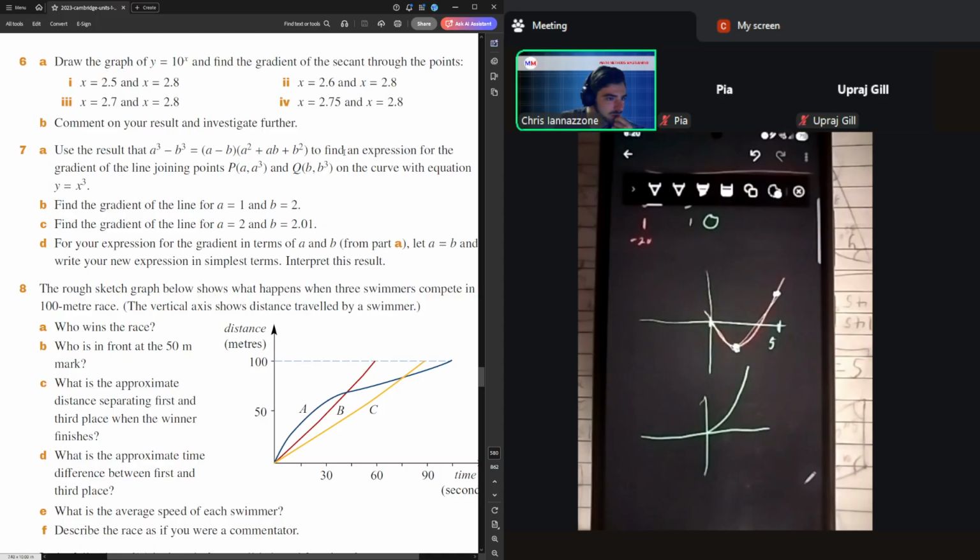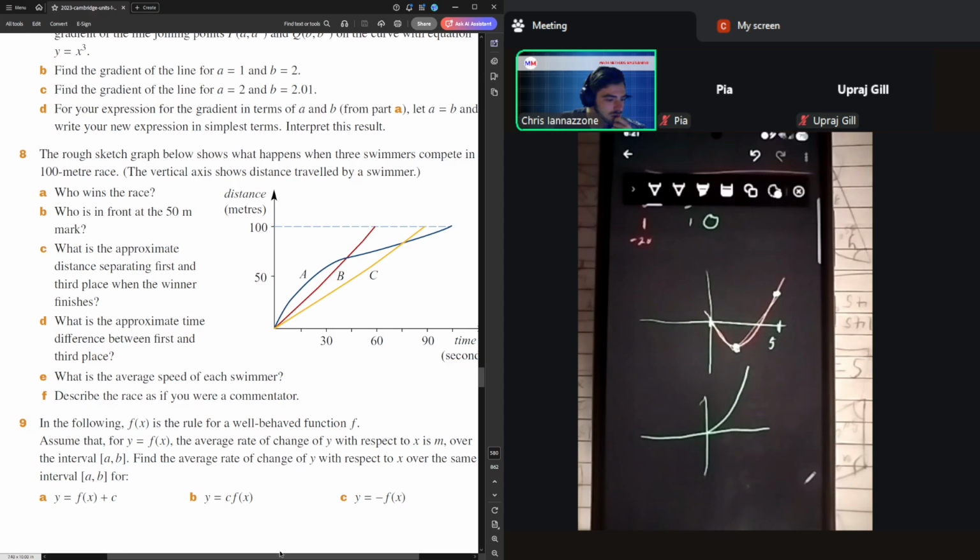Okay, difference of cubes, find the expression. So still rise over run, but when you're expanding your top, I guess you're not expanding, you're factorizing the b cubed minus a cubed. Fair enough. We've seen those before.